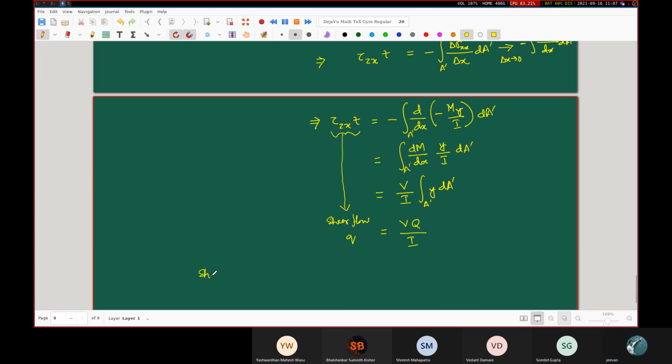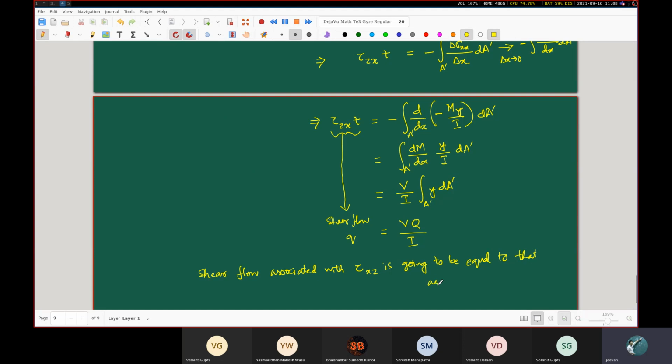Similarly, the shear flow associated with tau Xz is going to be equal to that associated with tau Zx, that is VQ by I. This VQ by I that we have just obtained is associated with the tau Zx.